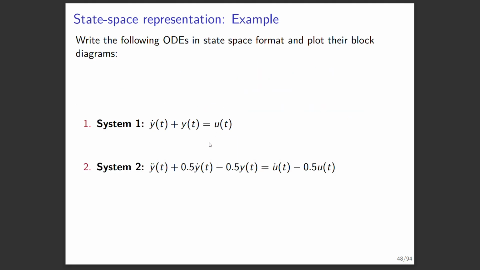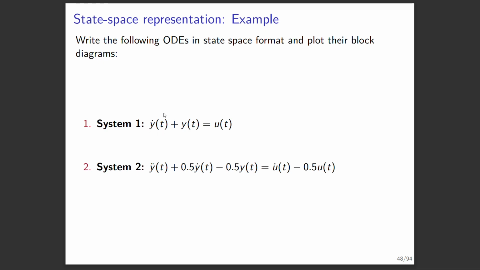So for state space, we label the variable of the differential equation as our first state. So this would be x1. My differential equation is a first order differential equation, so that is enough. I would just call this x1, and I don't need an x2.